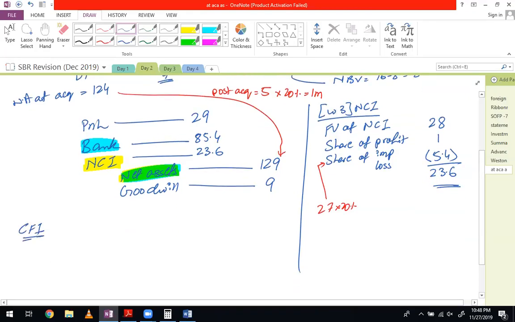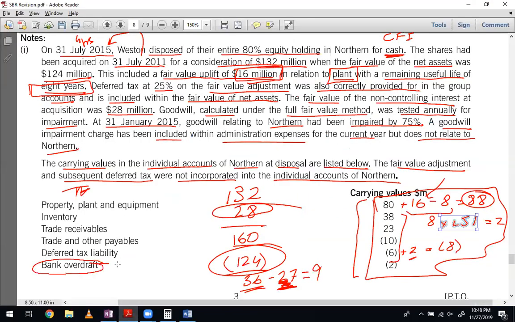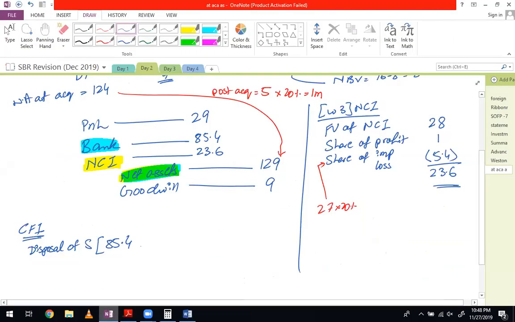So when we are writing the cash flow from investing activities, we are going to show the disposal of subsidiary as 85.4 plus the subsidiary's bank overdraft of 2 million. So we should be adding that overdraft of 2 million to get the total value of 87.4 million. This is what was to be calculated in this adjustment actually.